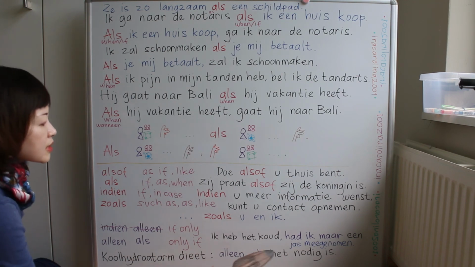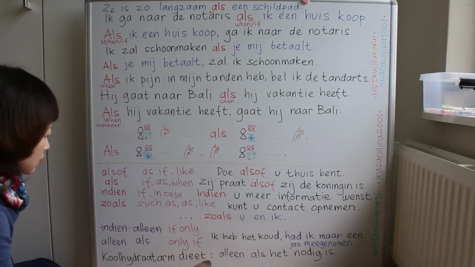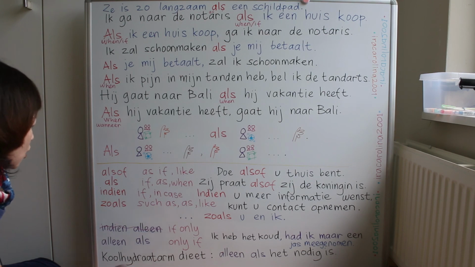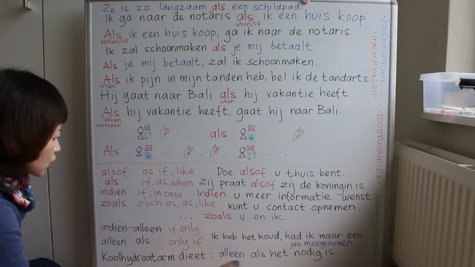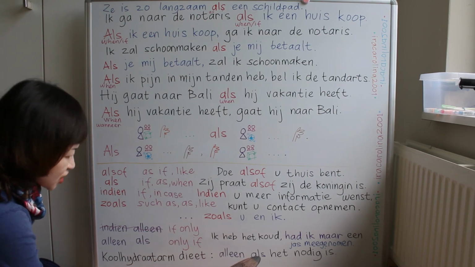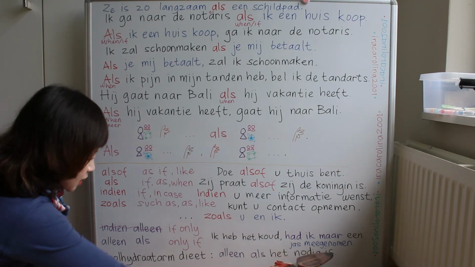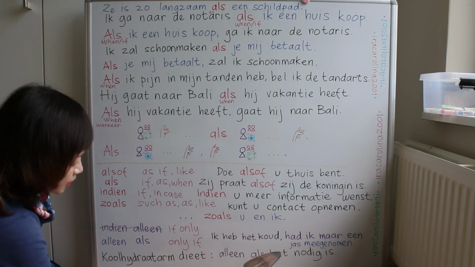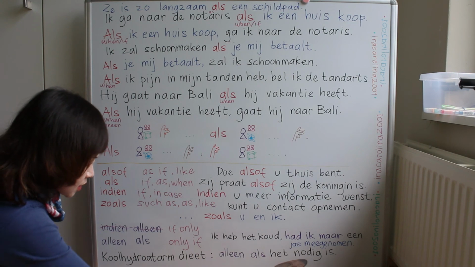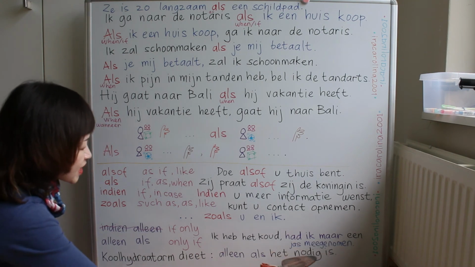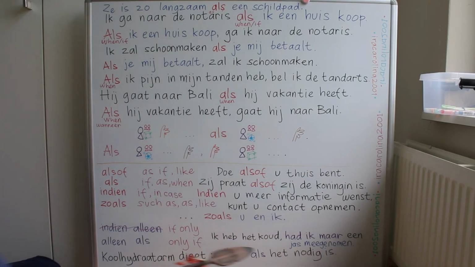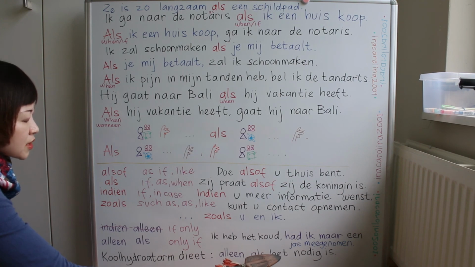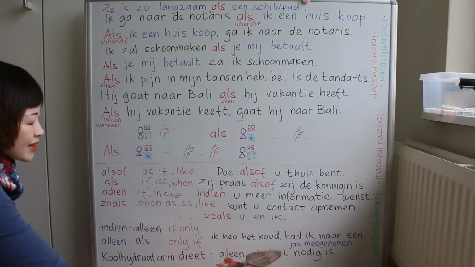So I will translate it like diet, low carbohydrate, only if it's needed. But you say the it, need, is, instead of it is needed, but it, need, is. Het nodig is. Yeah, this het is not for the, like here, but this het is for the it.